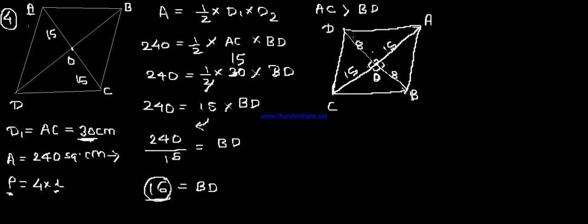So let's say I am choosing the upper triangle DOA. So basically this is your DOA, alright, in the corrected diagram, this DO is your 8 and this OA is your 15.